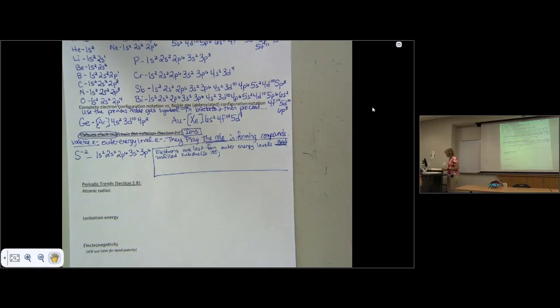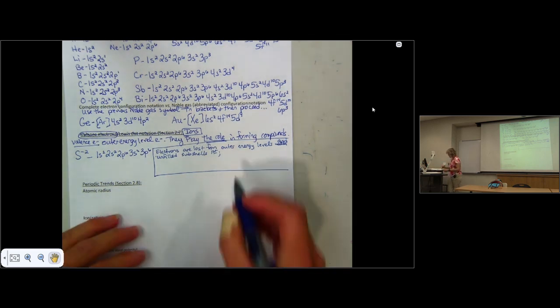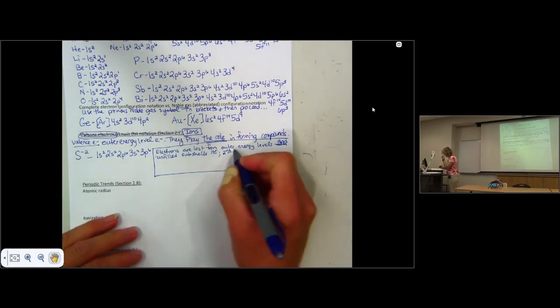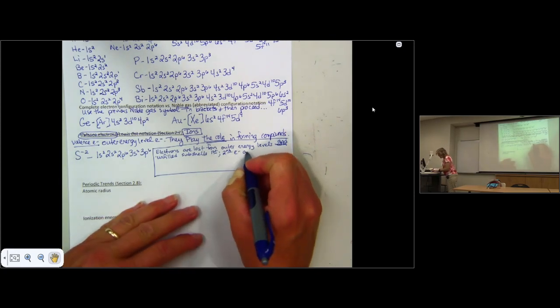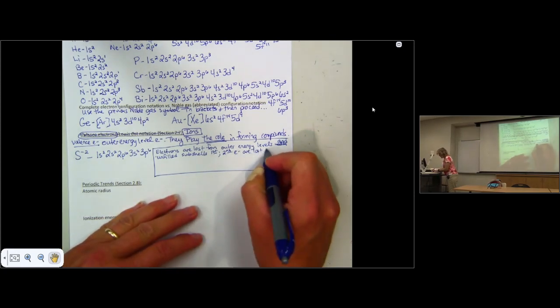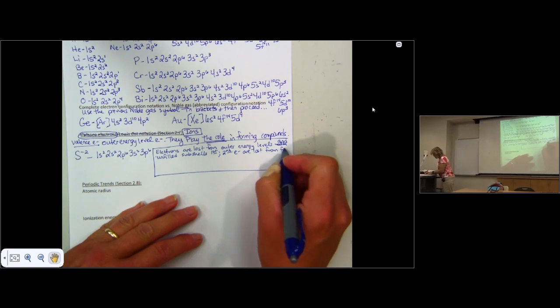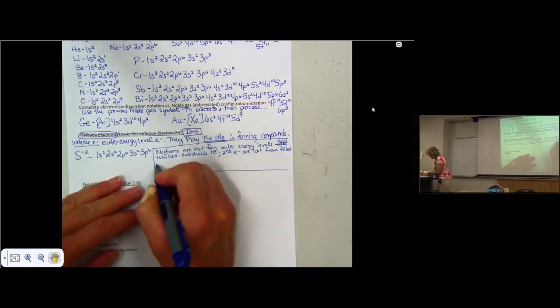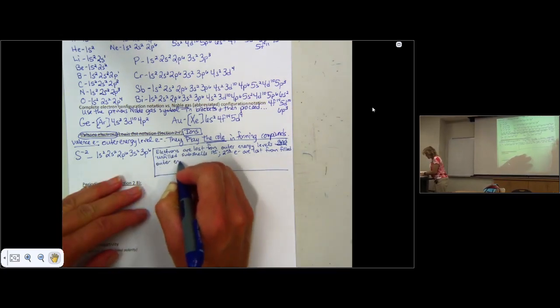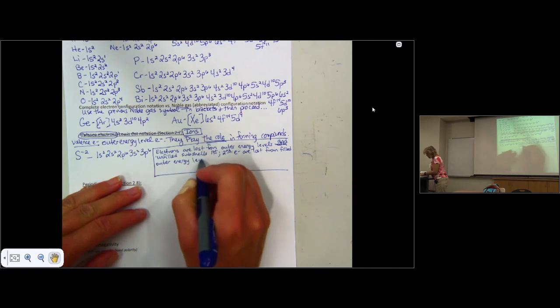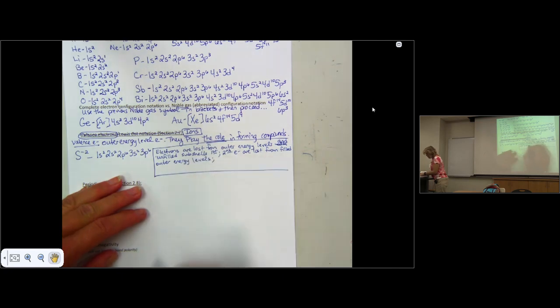Electrons are lost from outer energy level, unfilled subshells first. Second, electrons are lost from filled outer energy levels.